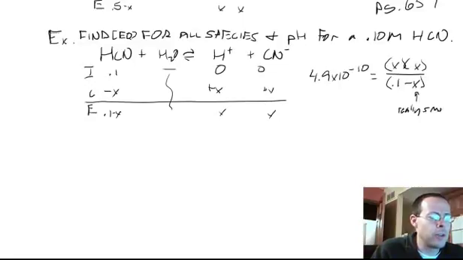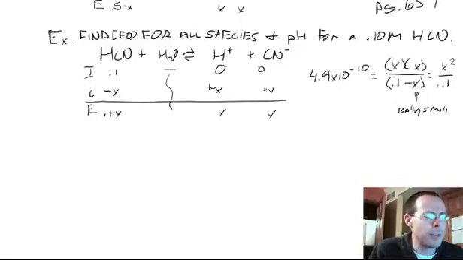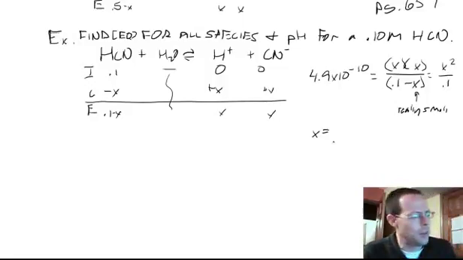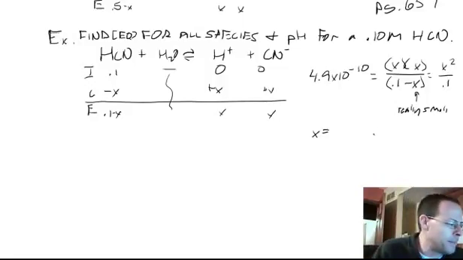And if it's really small, 0.1 minus this change is essentially going to give us 0.1. So we're going to ignore that. Really, we're going to say this is equal to x squared over 0.1. So we multiply both sides by 0.1 and then take the square root, and we find that x equals 7 times 10 to the negative 6th.